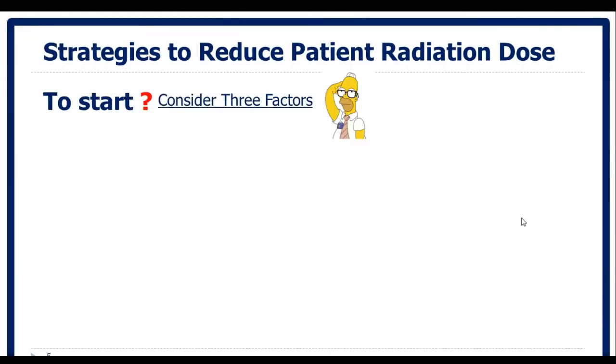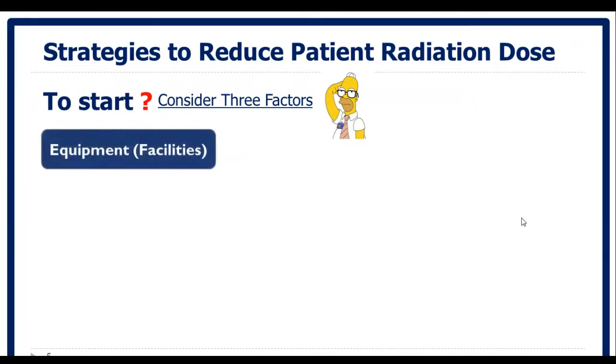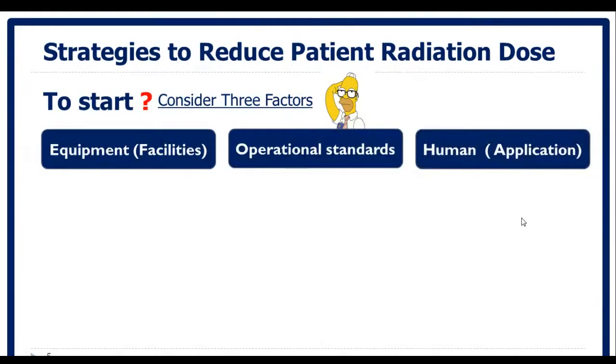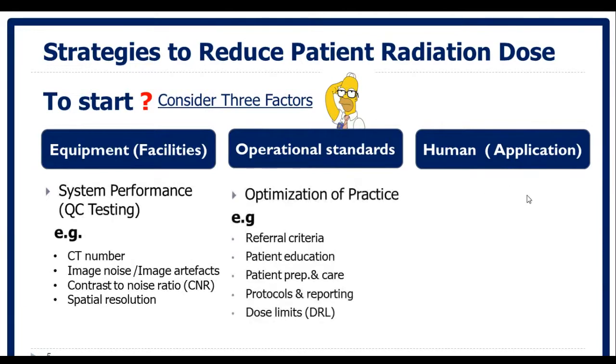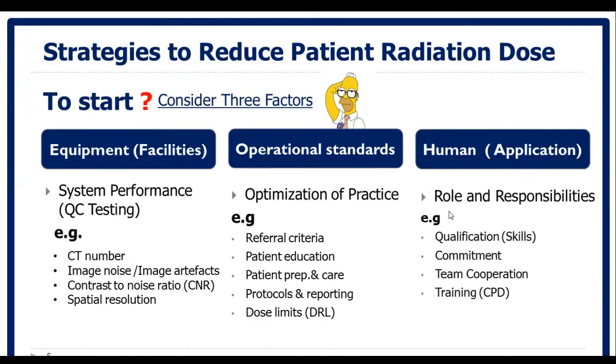So let us hit the target and explain how to start, from where to start. To start, we consider three factors: equipment, facilities and operational standards, and the human application. Each one has many subtitles.